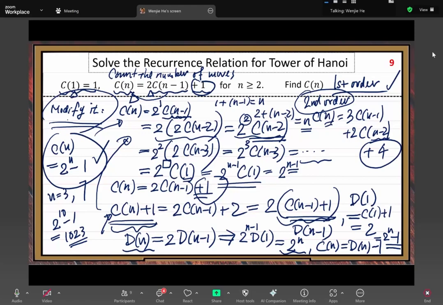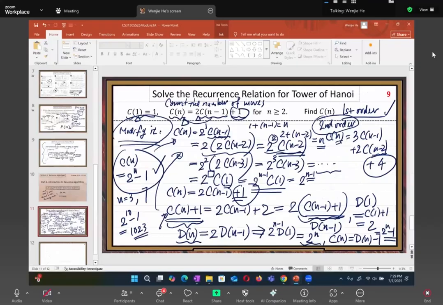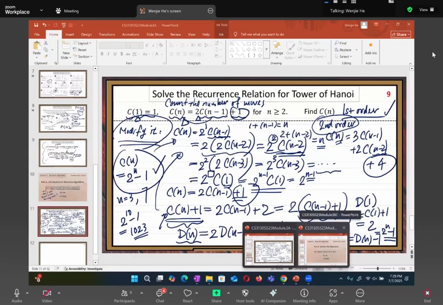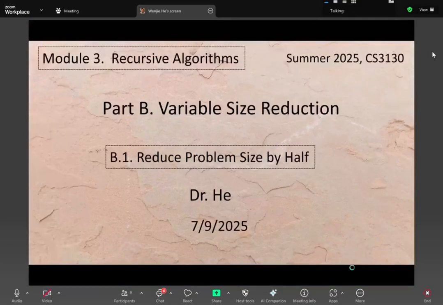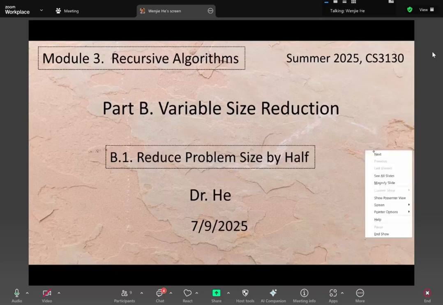Let me get out of the part A first. All right. Move to here, part B. Change my pen color.